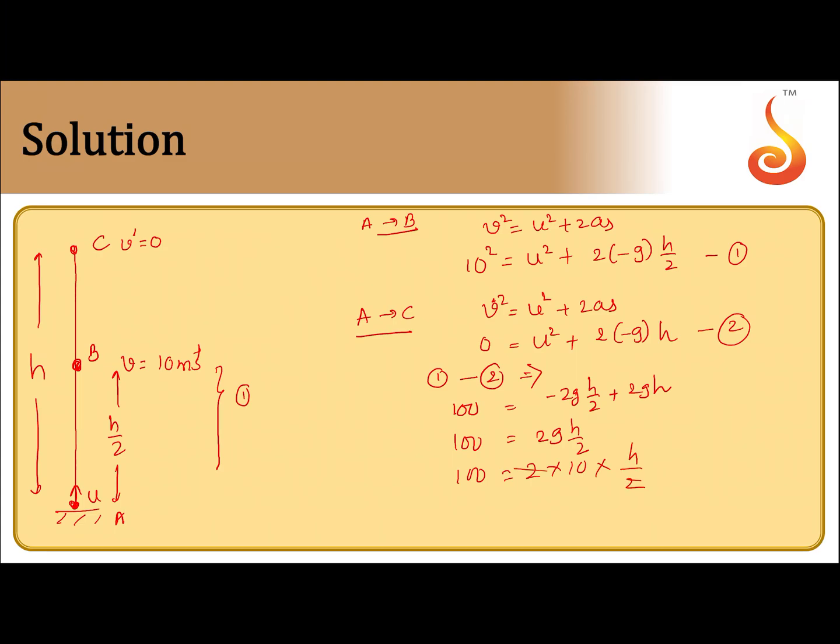These two cancel, leaving h is equal to 100 divided by 10, or h is equal to 10 meters. Therefore, the maximum height travelled by the particle is 10 meter.